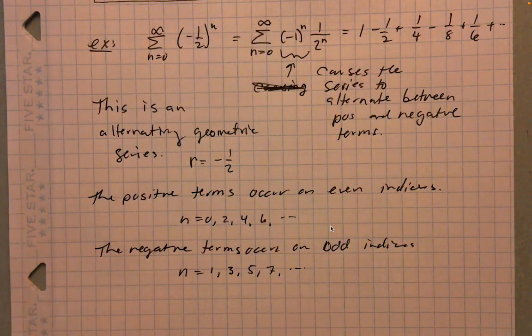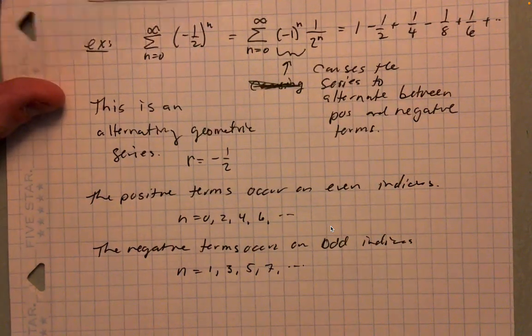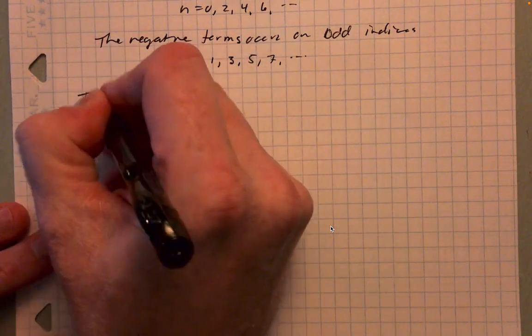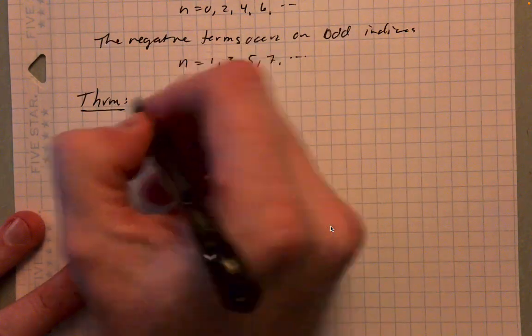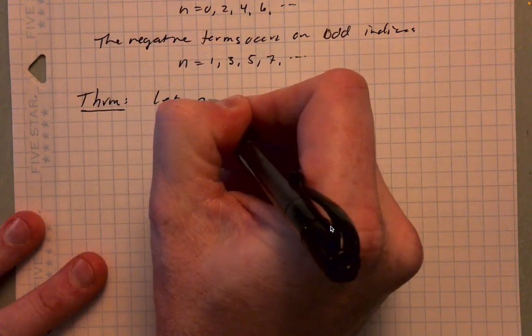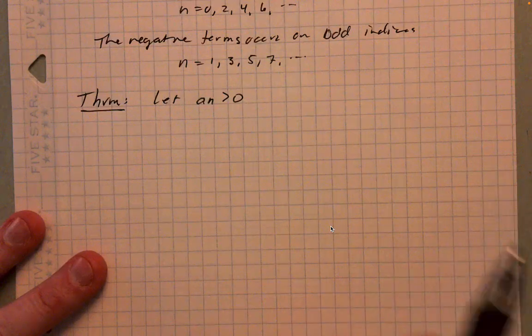Okay, let's talk about when an alternating series converges. Let's get a nice test out here. For this theorem, let a of n be a positive value.